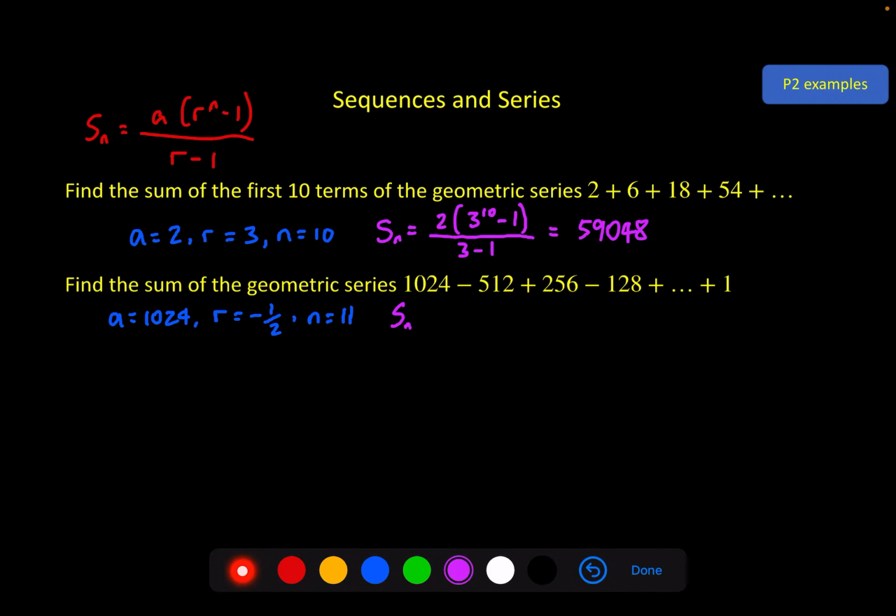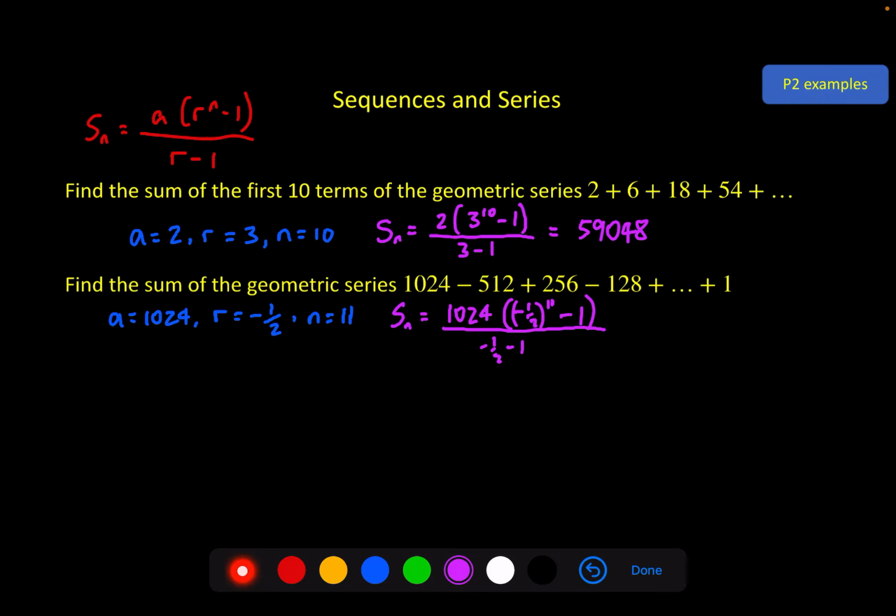So once I know that, I just put it in the formula as before, 1024, r minus a half, remember to put that in brackets when you do power of 11, minus 1. And all of that is going to be minus a half, minus 1 on the bottom, divided by minus 3 over 2.